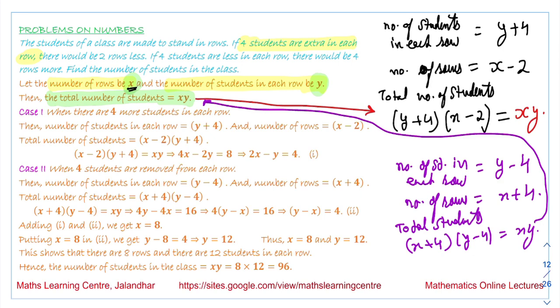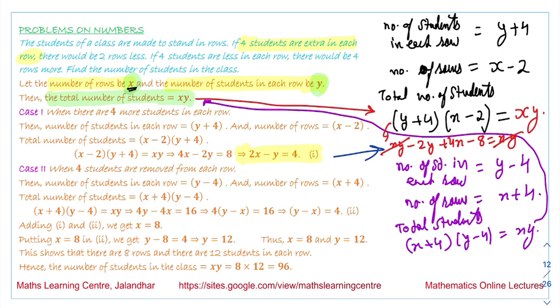When we solve this equation, what we get is xy minus 2y plus 4x minus 8 is equal to xy. This xy and xy get cancelled, and the equation we are left with is 2x minus y is equal to 4.